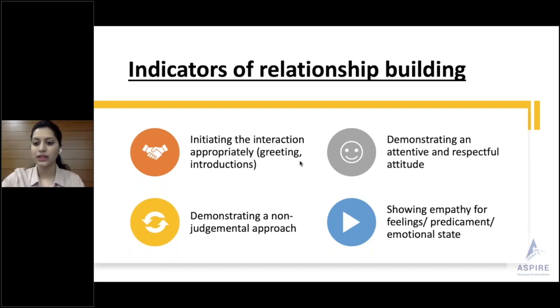All right. Demonstrating an attentive and respectful attitude. This establishes trust with the patient. It lays down the foundation for a collaborative relationship and ensures that the patient understands your motivation to help.